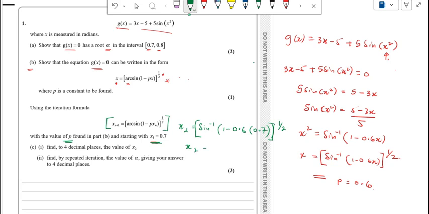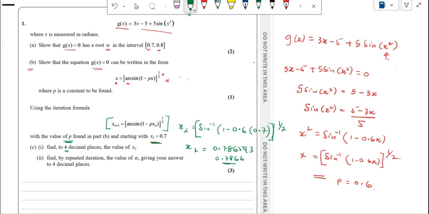When you place this in your calculator, you find that your x2 will be 0.786593.